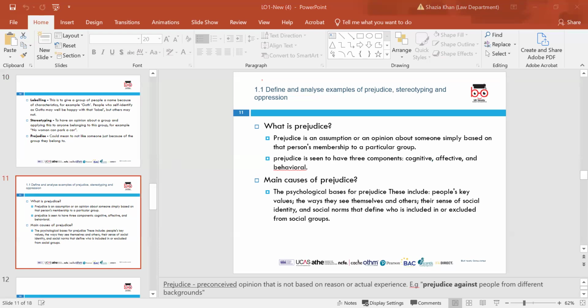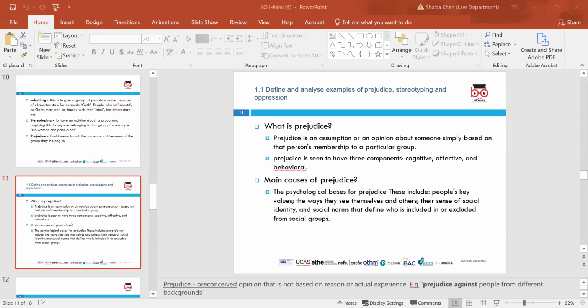So the first one is looking at what is prejudice. Discrimination is making a distinction against a person or thing based on the group, class, or category they belong to, rather than basing any action on individual merit.